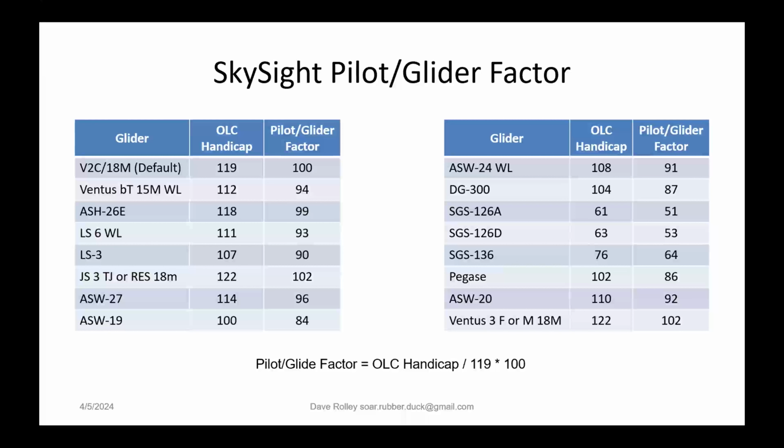Then I multiply that division result by 100, and that gives me 94. And so I would put 94 into that pilot glide factor field, tell it to update my profile, and now the numbers that it gives me should reflect that I'm flying something other than an 18-meter Ventus 2C.